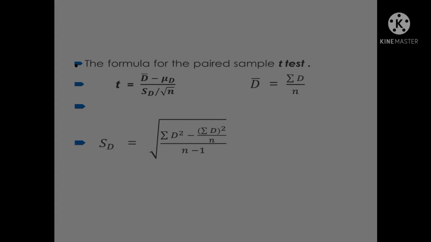For standard deviation, the formula is equal to the square root of the summation of deviation raised to 2 minus the summation of deviation quantity raised to 2 over n, all over n minus 1.